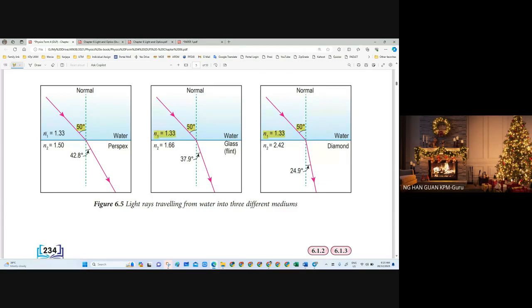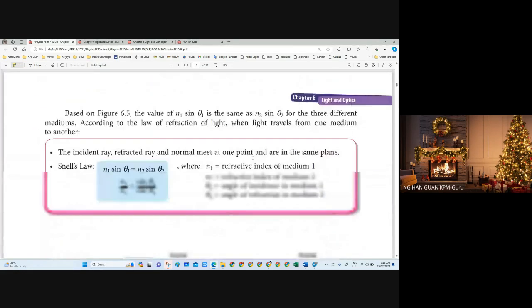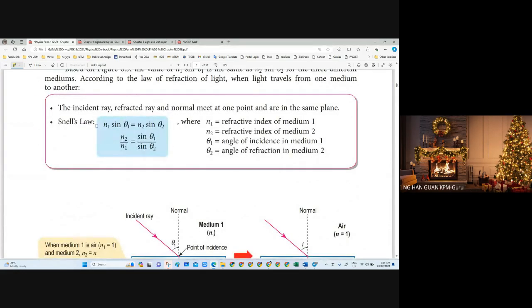When it enters a medium of different optical density, we get a different result. So this is the refractive index of the different medium, n2. From the result shown here, we come to the conclusion. We have Snell's law relating these refractive indices and the angle, from the experimental result. So we have n1 sin theta 1 equals n2 sin theta 2.